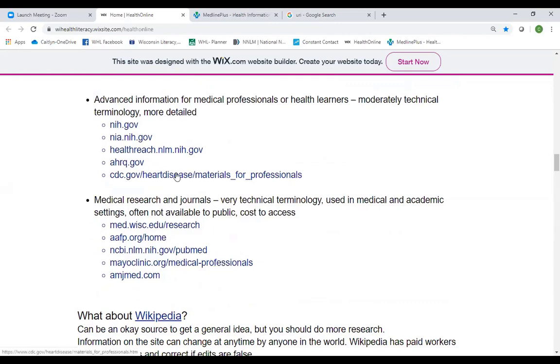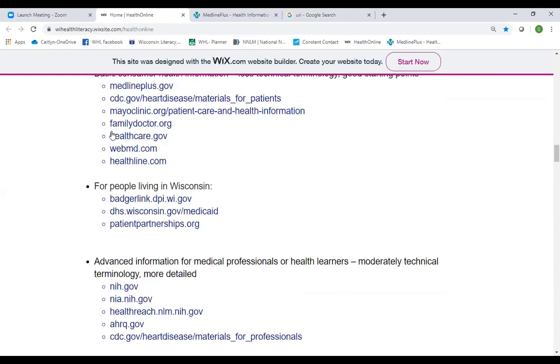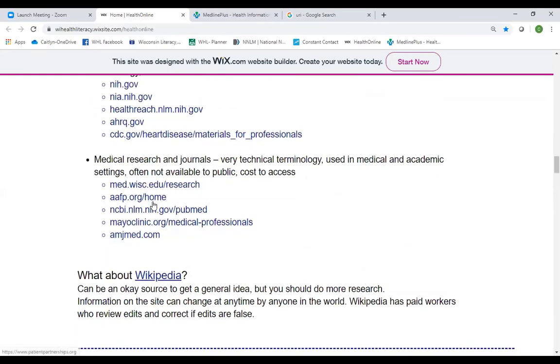It might be for someone in the health profession or a doctor or someone doing research journals. So we just wanted to show those differences. And then there's always the question about Wikipedia. So we make sure to point out that it can be an okay source, but to always follow up using one of the recommended resources, websites listed above.